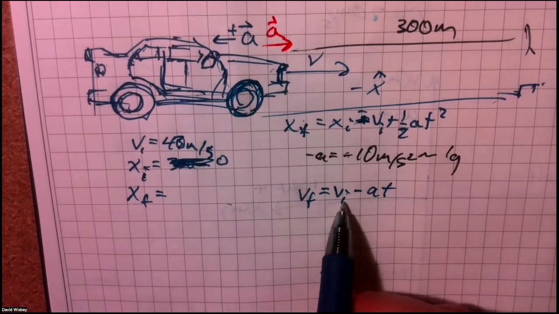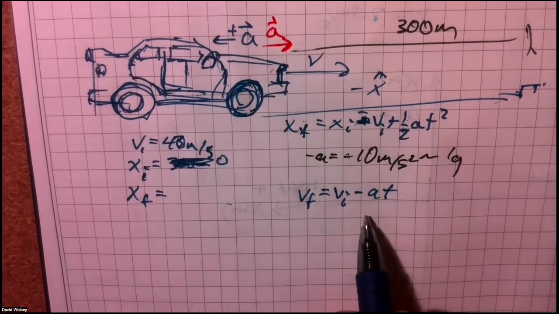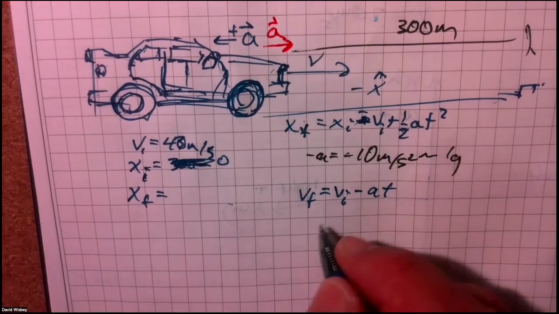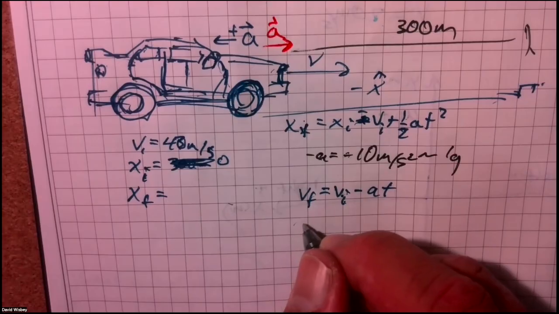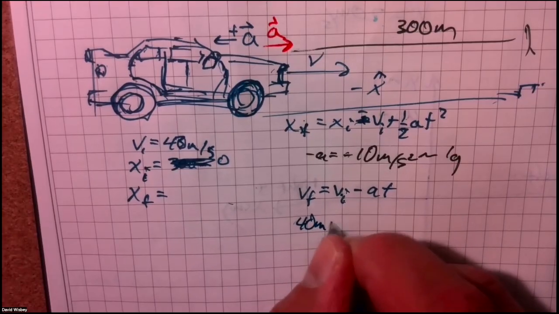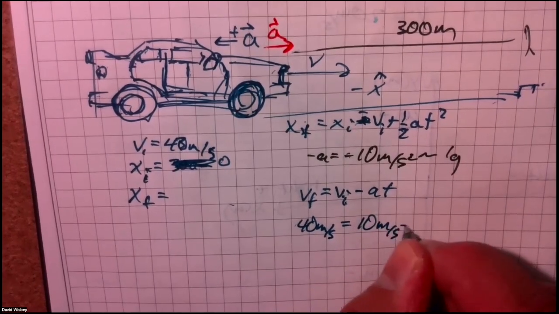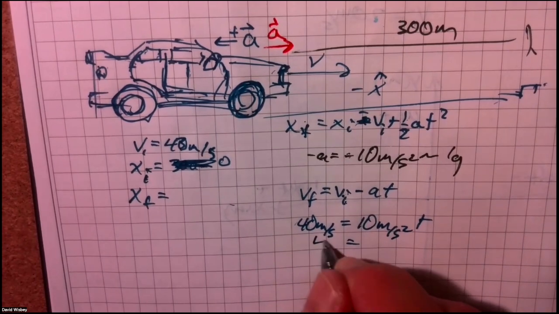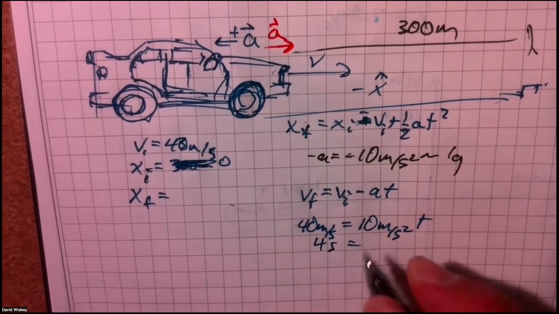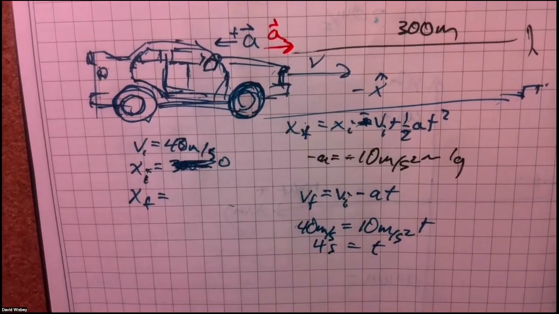My initial velocity was 40 meters per second, and my deceleration is 10 meters per second squared times t. That gives me 4 seconds to stop, right? Yeah, 4 seconds. That's not bad.